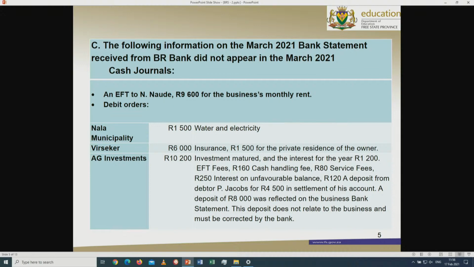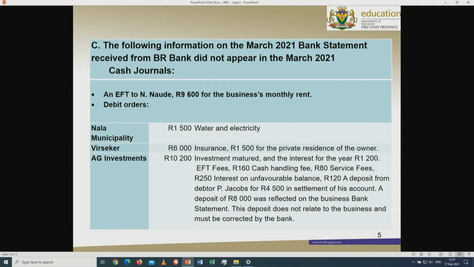A debit order, Nala Municipality, 1,500 for water and electricity. We arranged with the bank and the business that the municipality will take their money by way of a stop order. We are not going to see it. We are only going to see it after receiving the bank statement.